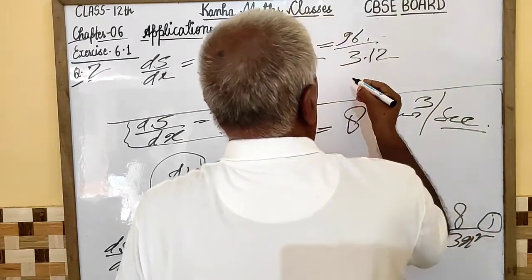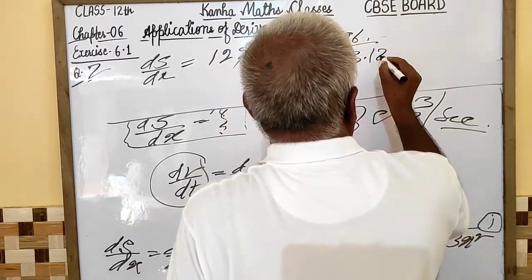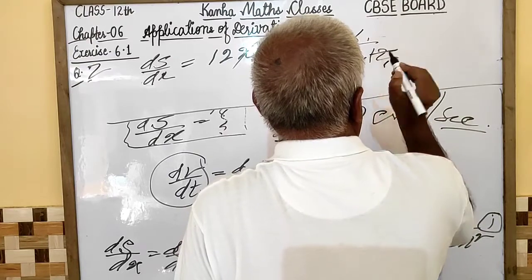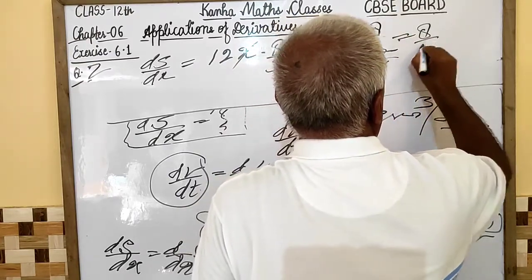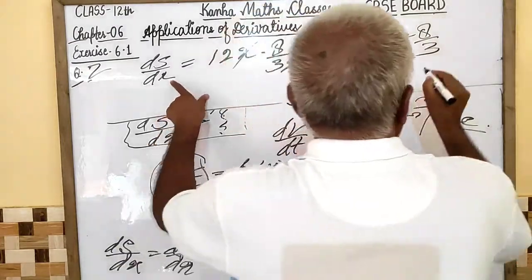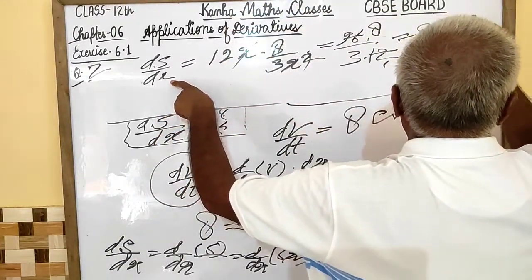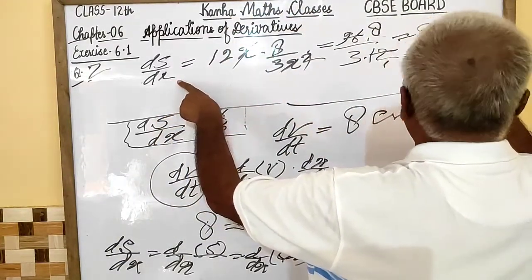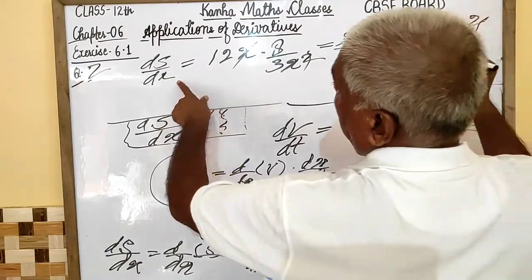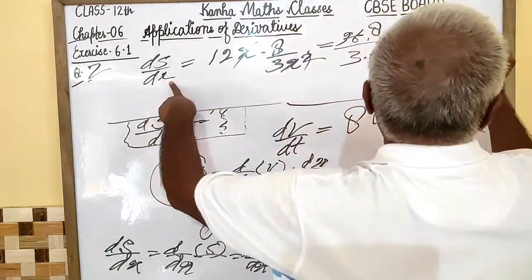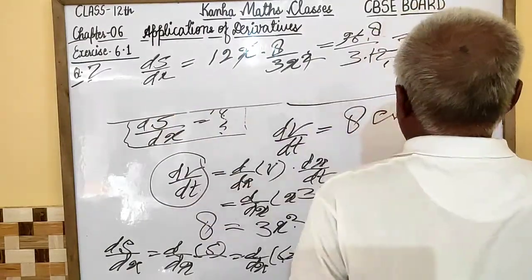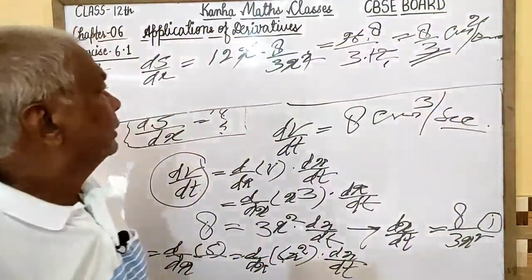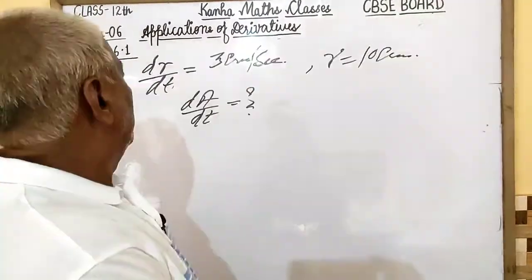So 12 into 1 is 12, 12 into 8 is 96, 8/3 centimeter square per centimeter. This is the principal answer, 8/3. Hence it is the solution of the question.